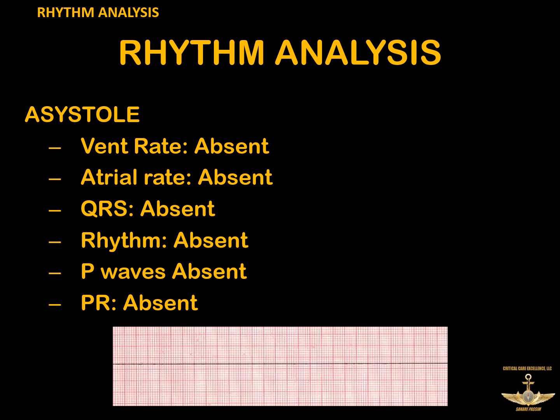This may also be confused with a very fine V-fib. One of the ways you can isolate that is to have everybody stop touching the bed, get away from the patient, and just look for a second with nothing else going on to see if they truly have any electricity or not.